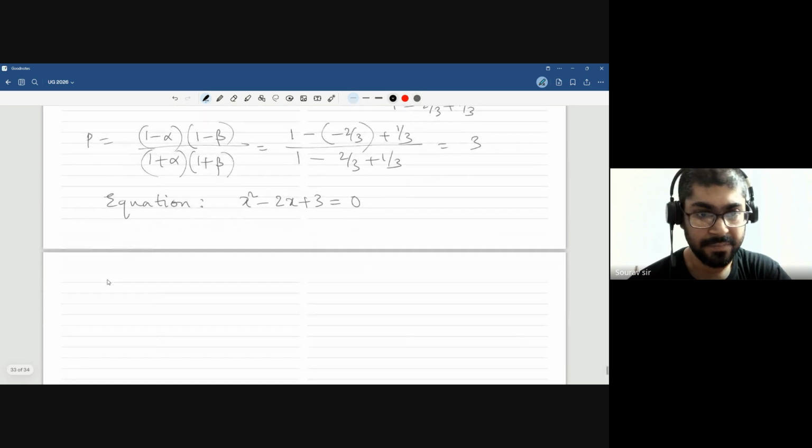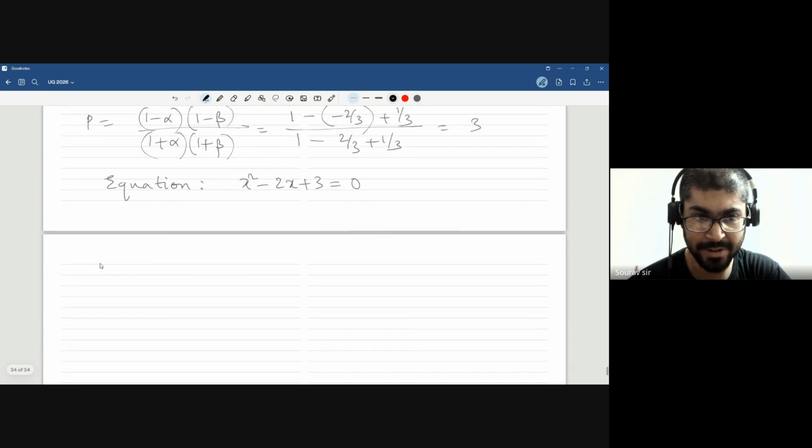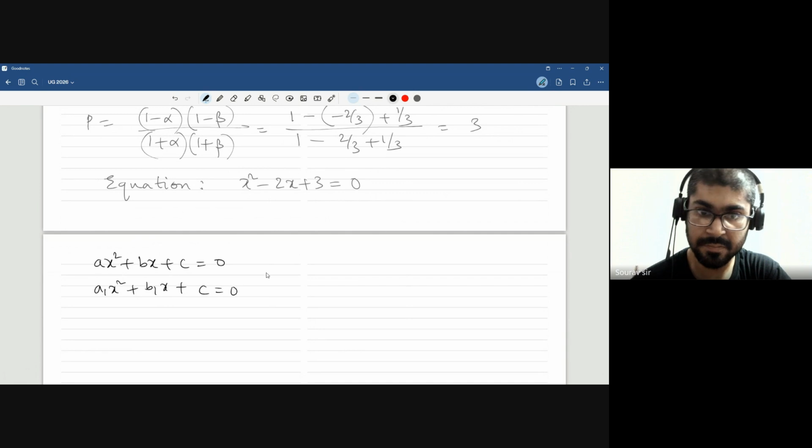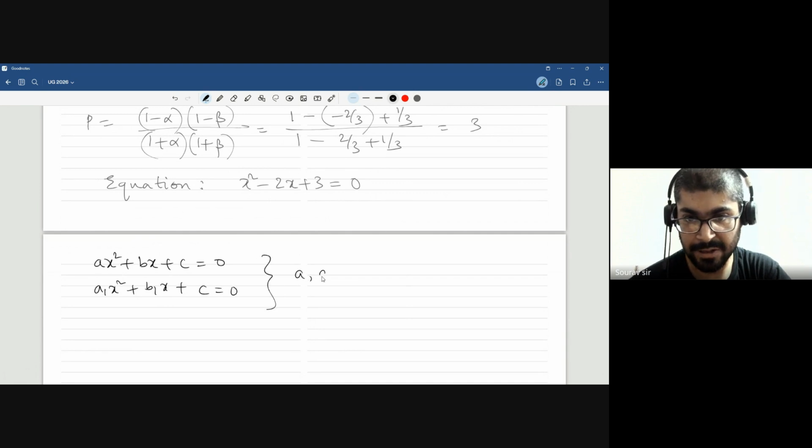All right, next part. Two quadratic equations, ax square plus bx plus c is equal to 0, and a1x square plus b1x plus c1 equals 0, provided a, a1 are non-zero.